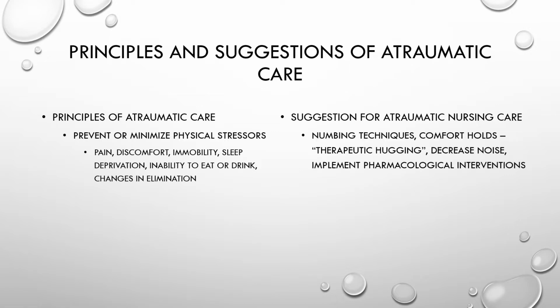We can think about using numbing techniques such as Emla cream or other techniques such as our Buzzy Bee. We want to make sure we're doing those comfort holds, that therapeutic hugging, which we're going to talk about here in just a little bit. We want to maybe decrease the noise.